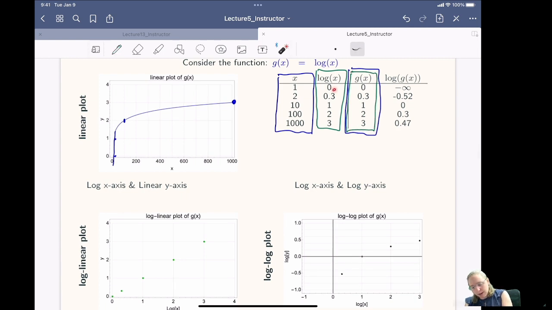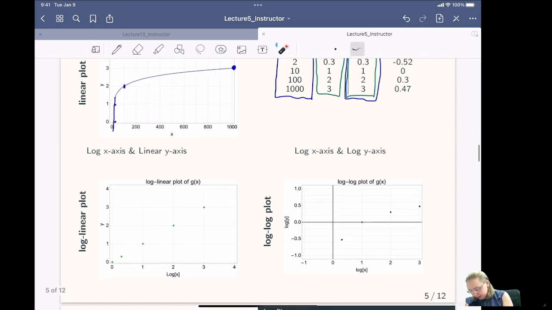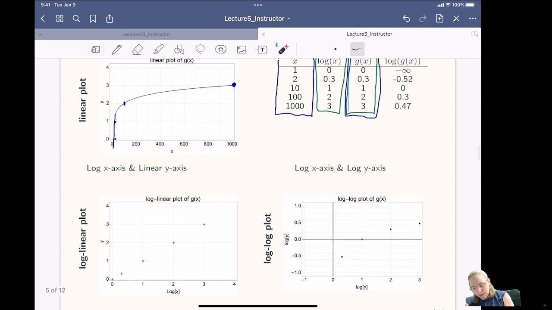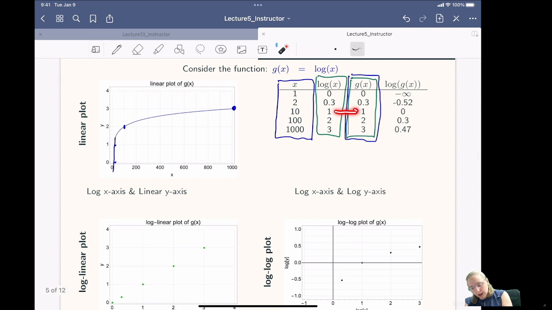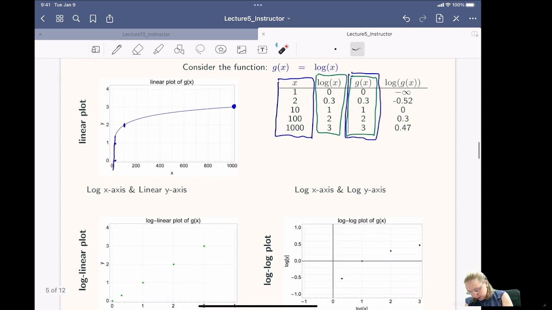So the point 0 is going to map to the point 0. So 0 goes to 0. The point 1 is going to go to the point 1. So the point 1 is our old value of 10 is now 1. So what was at 10 over here is now down here at 1. So we have that point goes right there.